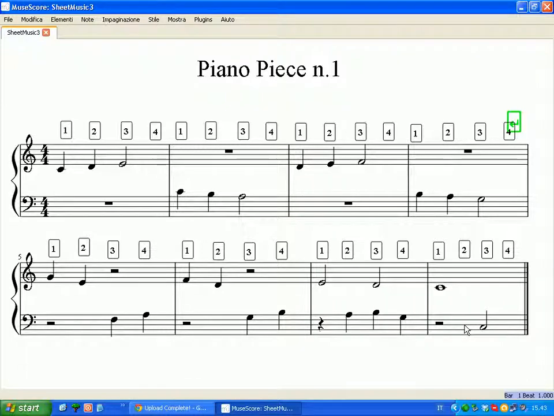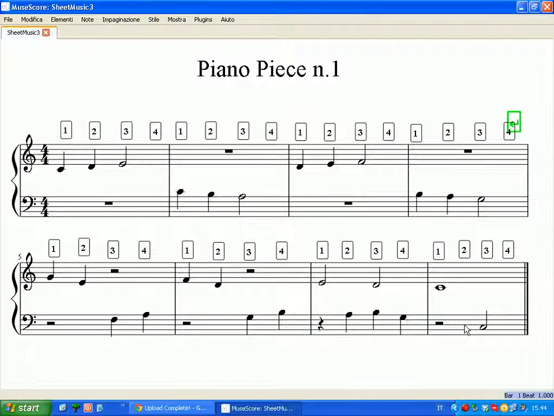What I want you to understand is that once you are able to read every piano sheet music in this way, the next step, passing to the piano performance, to playing at the piano, is very, very easy.